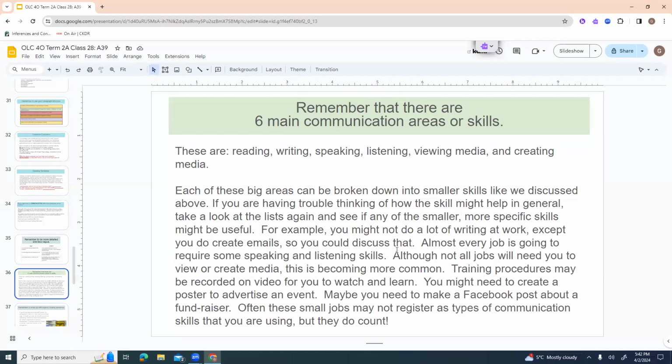Sometimes we don't even really notice that we're using these types of communication skills, but they all count, and explaining them and how you use them in your job will make your paragraph unique to you. And I love when I read a paragraph and I can picture that person's exact job and how they're using those communication skills very specifically. That is so much more enjoyable to read than when somebody writes a paragraph and it's so vague, I can't even tell what they do for a job, right? All right.